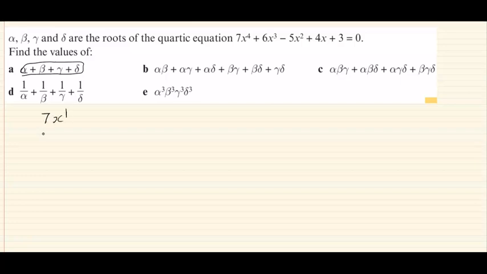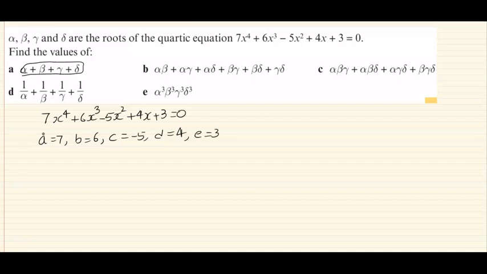It is 7x^4 plus 6x^3 minus 5x^2 plus 4x plus 3 equal to 0, right? If you write it down, A will be 7, B will be 6, C will be minus 5, D is 4 and E is 3, right?